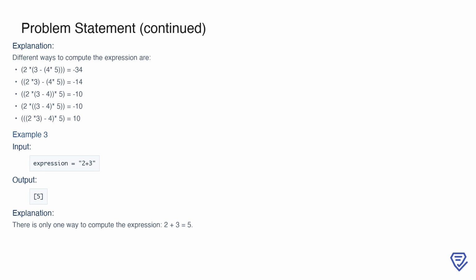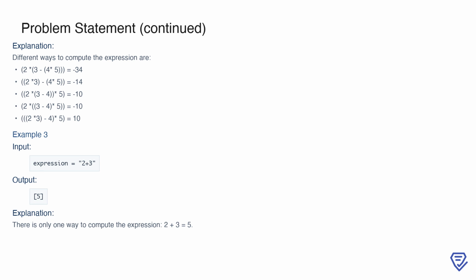Similarly, grouping as (2 times (3 minus 4)) times 5, or 2 times ((3 minus 4) times 5), both evaluate to -10. Finally, grouping as ((2 times 3) minus 4) times 5 gives us 10. These groupings illustrate how parenthesization changes the order of operations and leads to different outcomes.